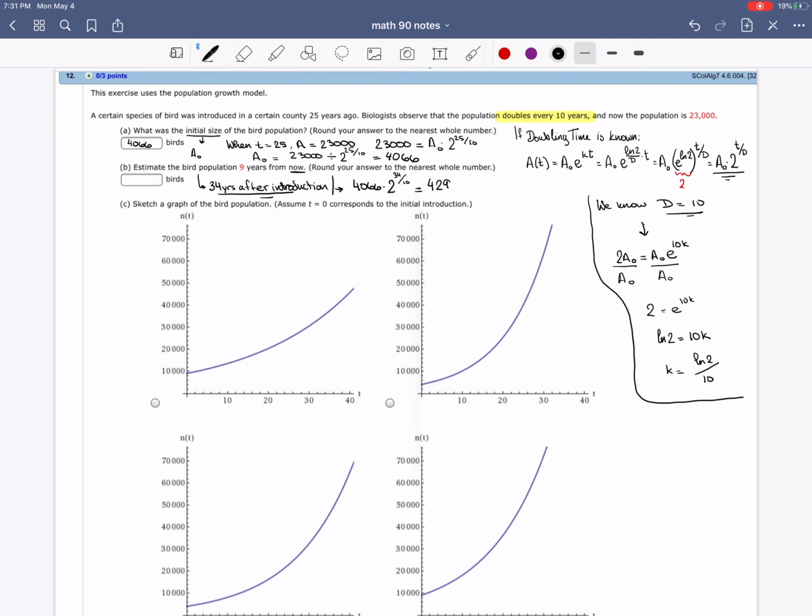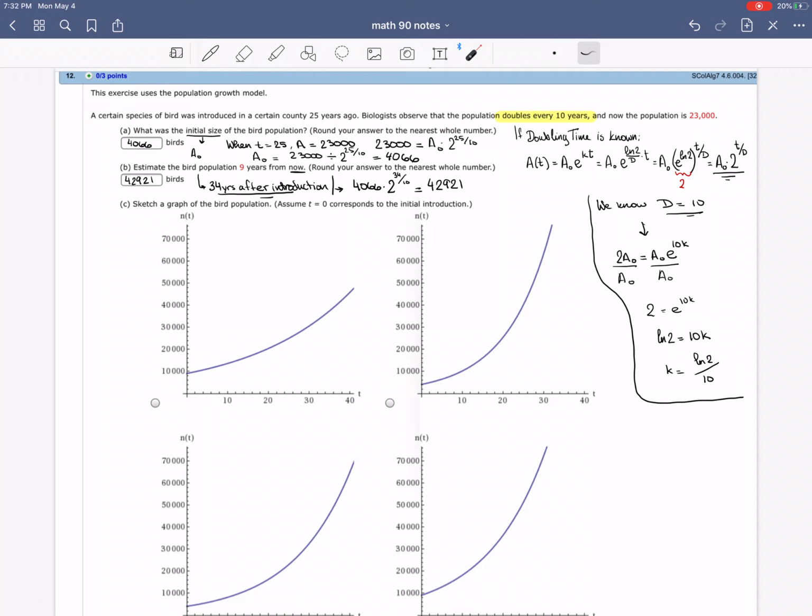So I'm going to round it to 42,921. So again, this is very much in line with the number that we were thinking. We knew that since 9 years is close to the doubling time, we're looking at a number that's very close to the double of 23,000, but not quite.